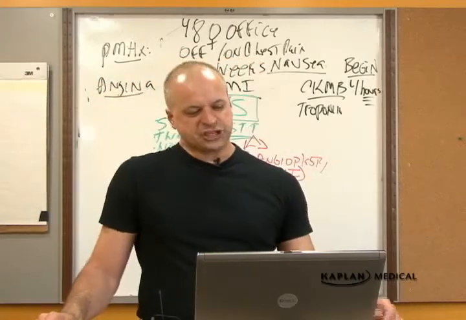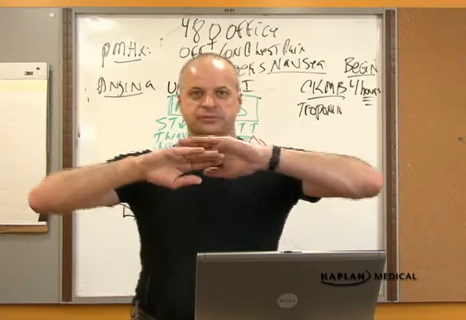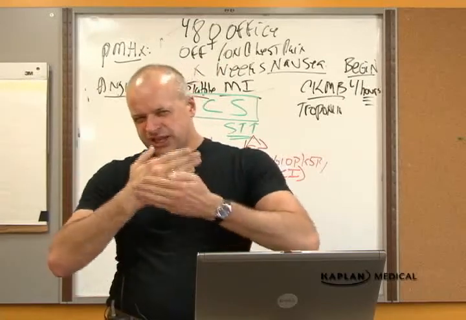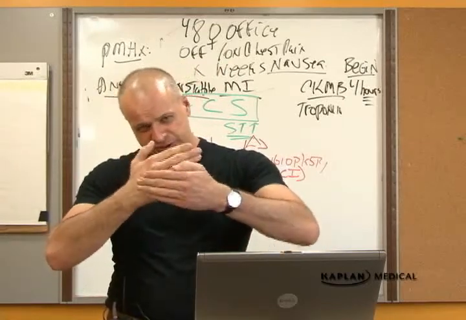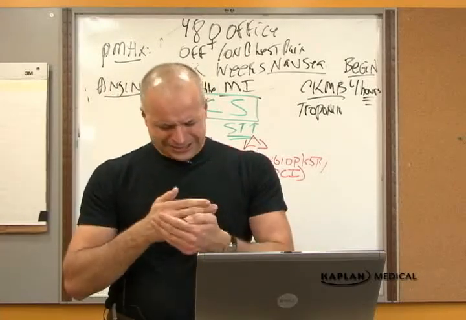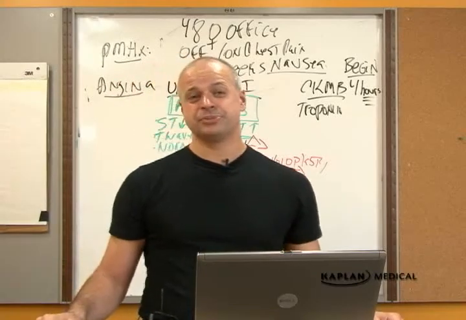Now, if some of these things seem overlapping, you know why it seems like a lot of the etiologies of chest pain have overlap in their presentation? It's because there's a lot of overlap.